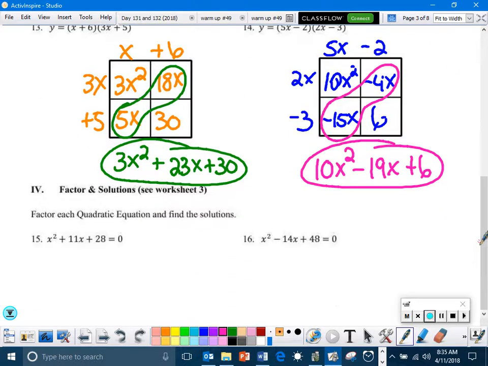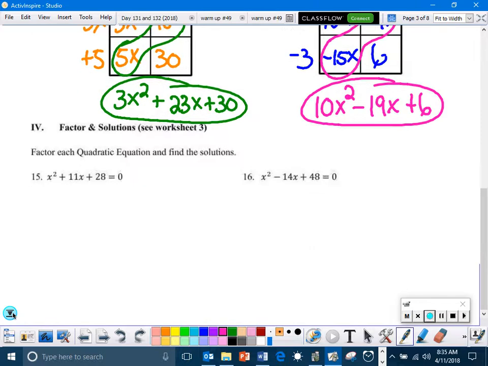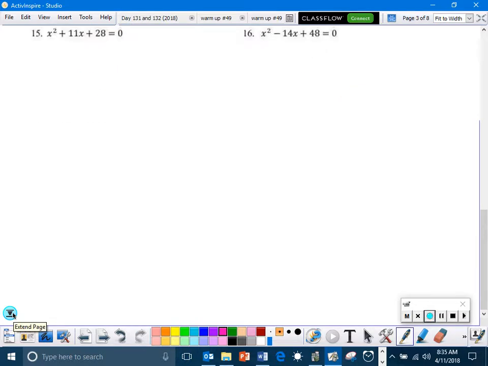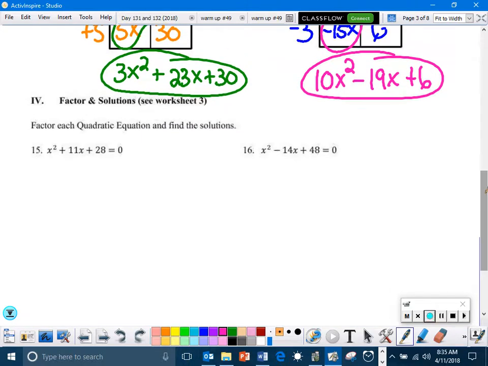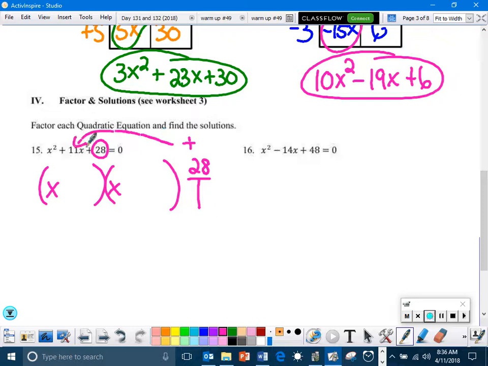Now we're going to factor. And in your folder, you should have a multiplication table if you need it. All right, here we go. Now, factors of 28 that will add up to 11.